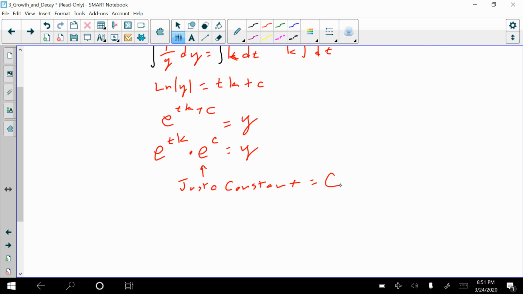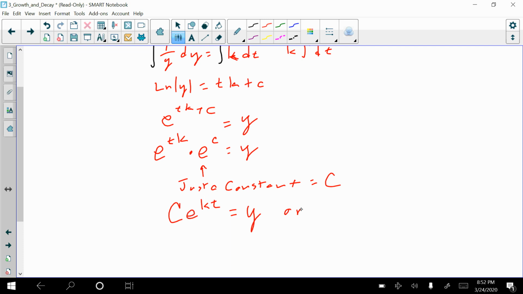So the left side of the equation now becomes C times e to the t k power, or let's go ahead and reverse that because that's how the equation is generally written, k times t. So k times t power is equal to y.